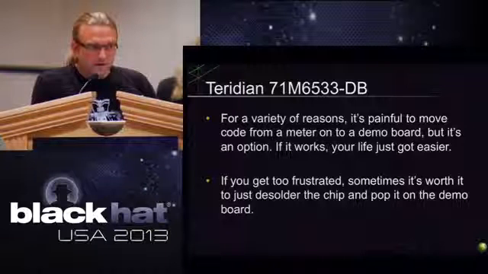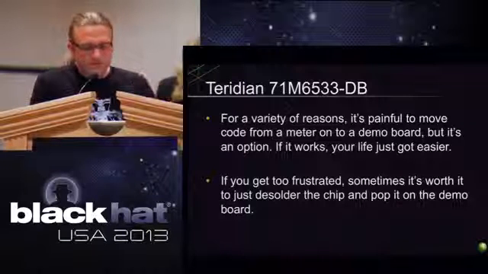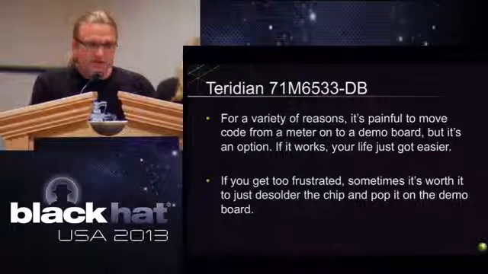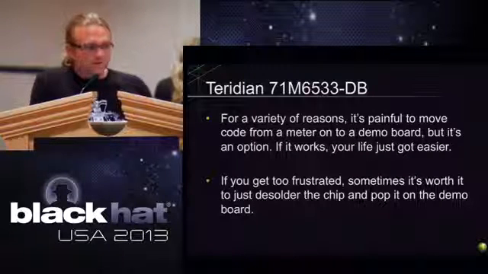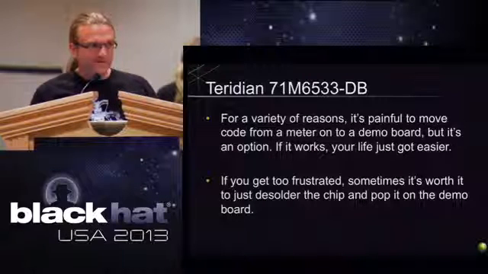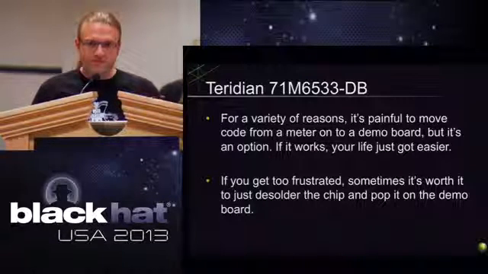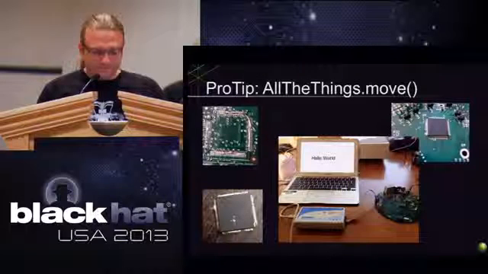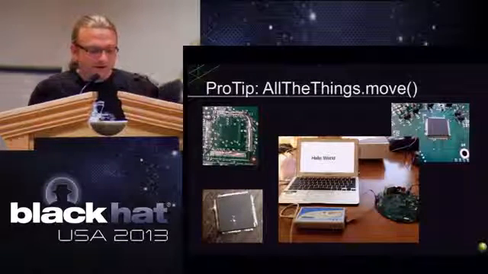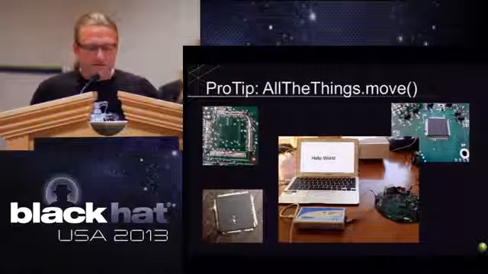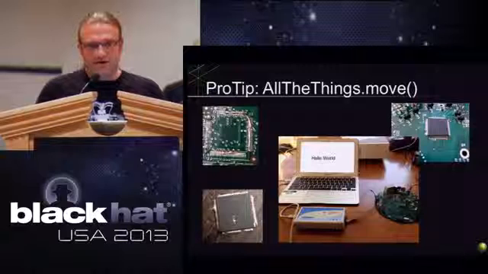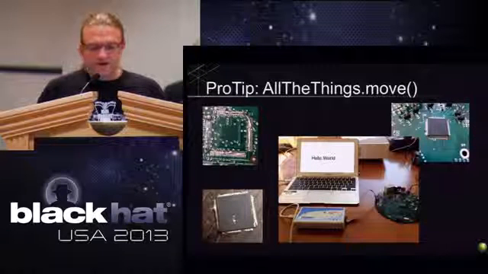So one of the things we always want to do is dump firmware, and a lot of times that's very difficult on production gear. It's not impossible, but one of the things we found that is significantly easier than fighting with production gear: I buy the demo board, I take my production gear, I run Chip Quik around the whole production SoC, I pull that off, and then I resolder it on the demo board, and now I've got everything broken out.